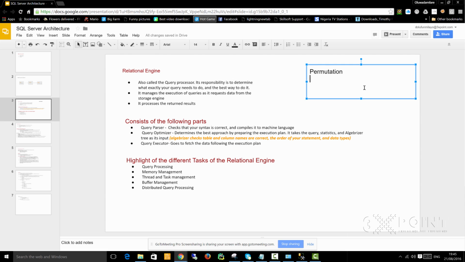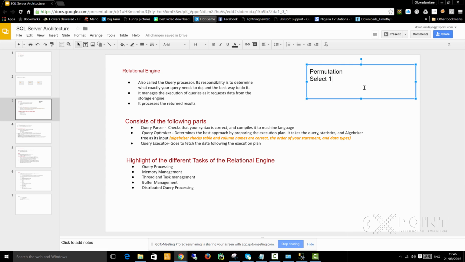It's just important for our understanding. If you have a query that you want to run, your engine will decide on the best way to actually get the result back to you. But given permutation, it will check the different possible ways in which it can return that data. So even if you wrote select one, which is the simplest query that you can ask the engine, given that one is not data that resides on a table or anything, it still needs to present it somehow.